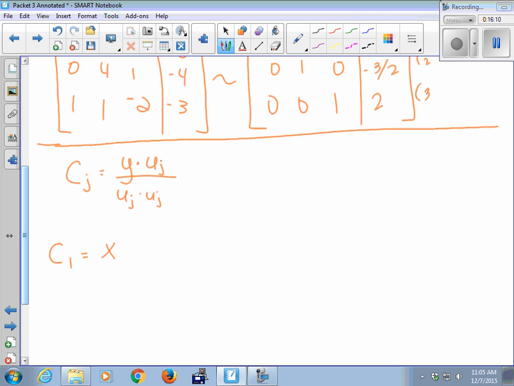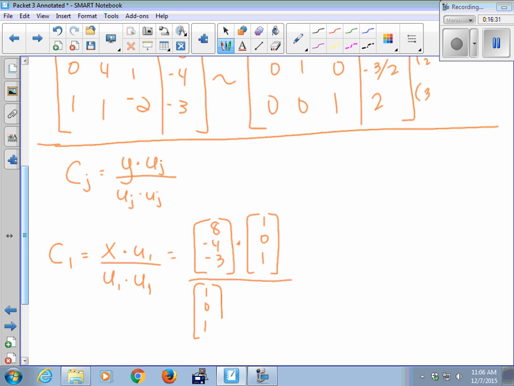So this is x dotted with u1, the first vector in the basis, over u1 dot u1. So this should be (8, -4, -3) dotted with (1, 0, 1), over (1, 0, 1) dotted with (1, 0, 1). My numerator comes out to 8 minus 3 is 5, and my denominator comes out to 1 plus 1 is 2, so 5 halves.